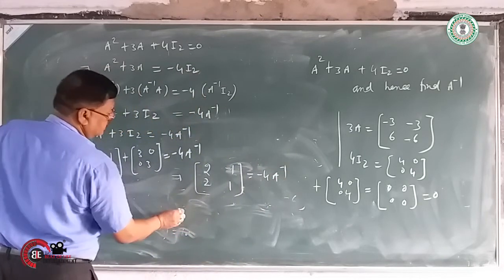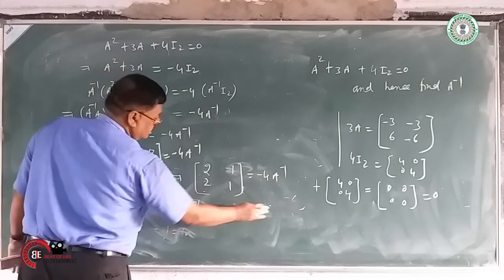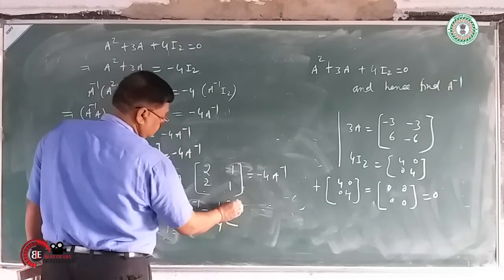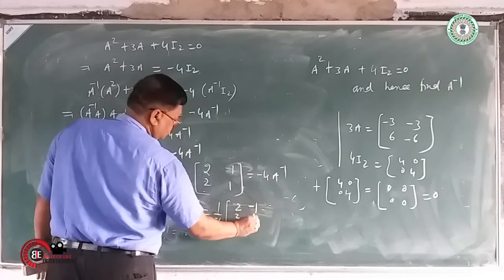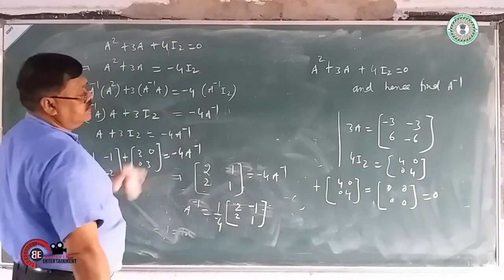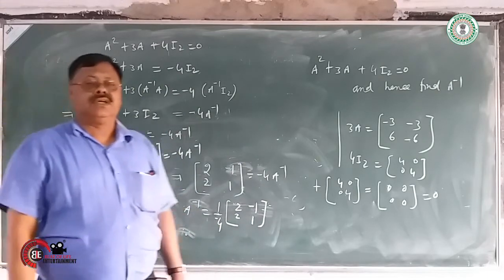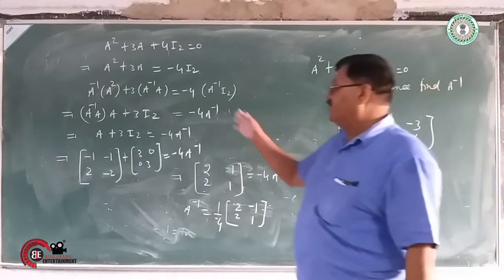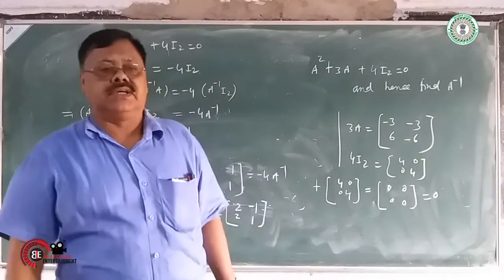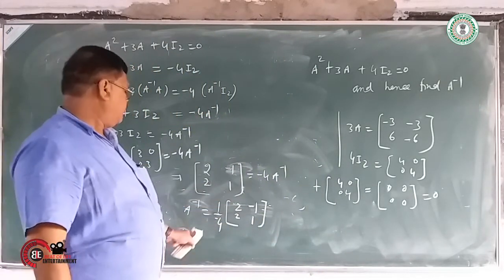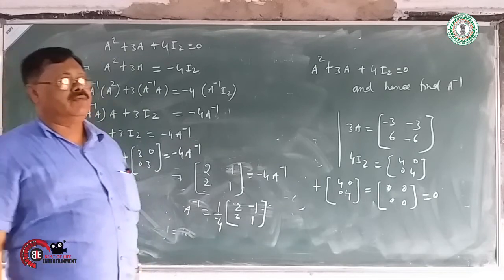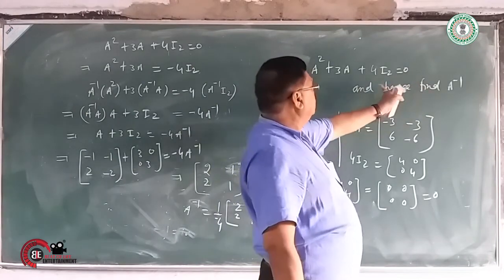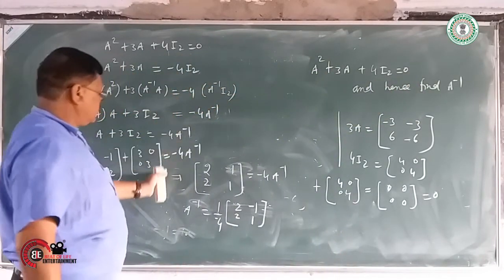So A inverse is equal to 1 by -4 times [2 1; 2 1]. This is the process to find A inverse. This is the second pattern, to find, hence find A inverse. Then we have to follow this method, this process, not adjoint A by determinant A. So if this type of question is there, then we have to maintain this process.